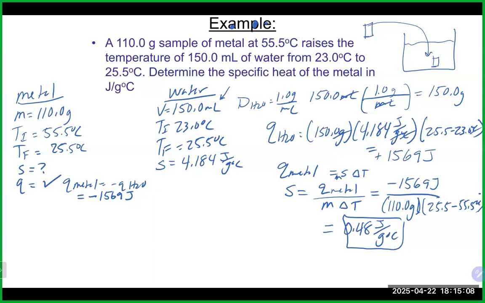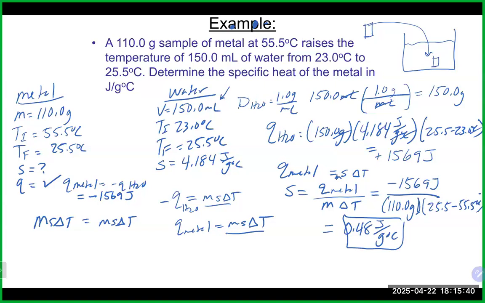You can also, which is what the other slide there that I wrote on shows, because Q is equal to m s delta T for your water, and Q of the metal is also equal to m s delta T, you can set these parts equal to each other. m s delta T equals m s delta T. But the relationship is one of them has to be negative.